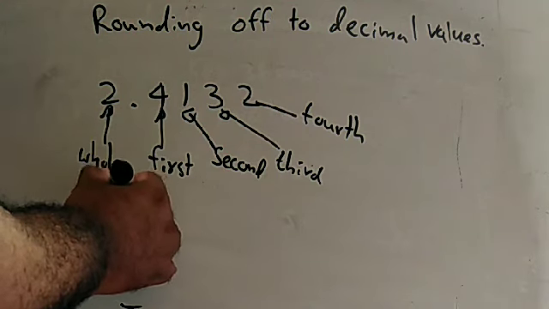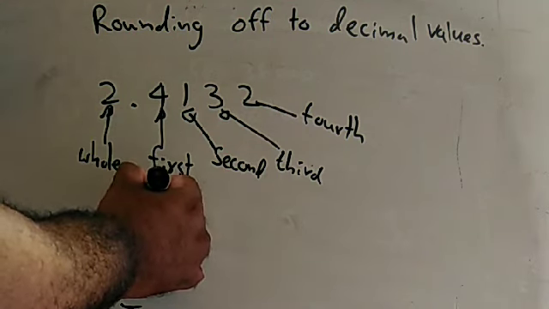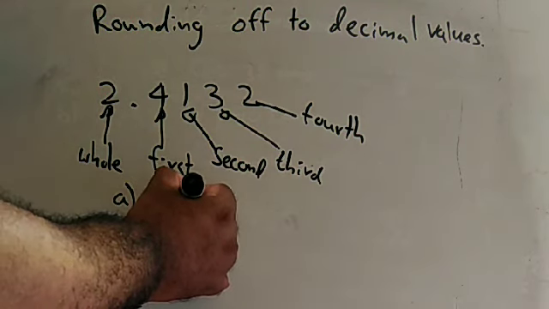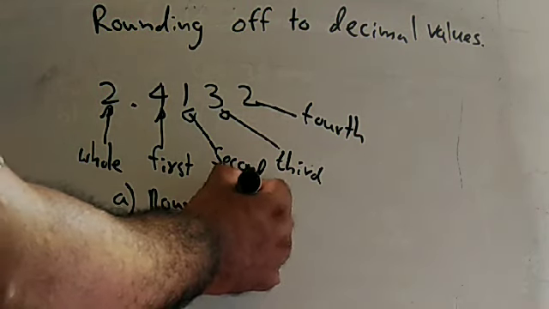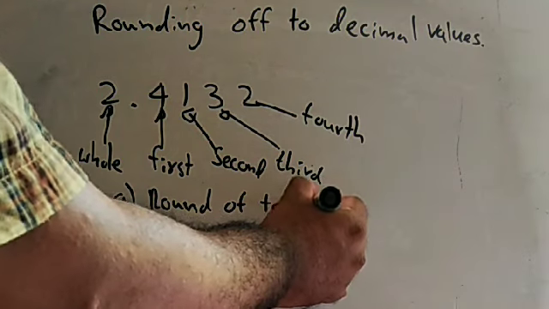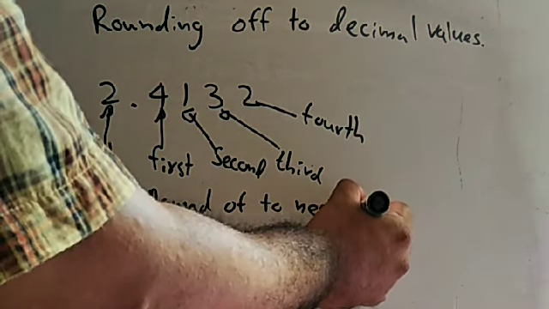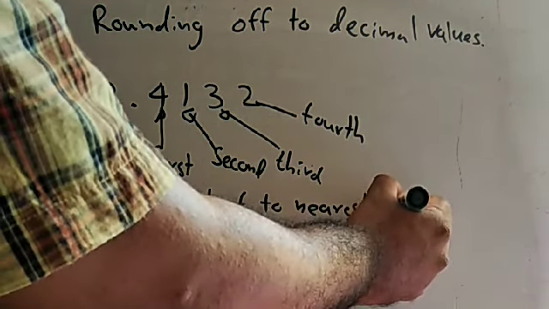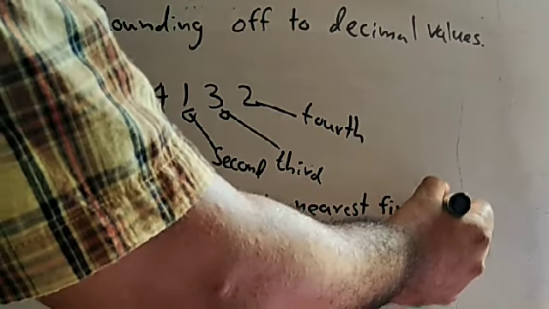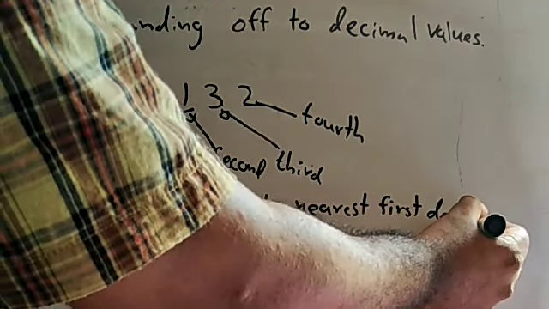Now they ask: round off to the nearest first decimal place. Where is the first decimal place?